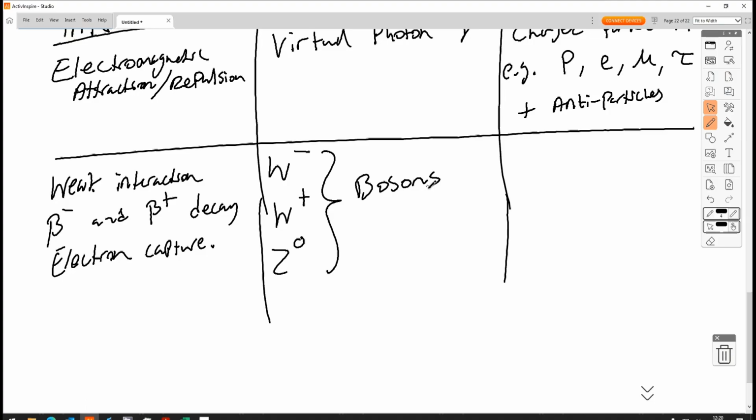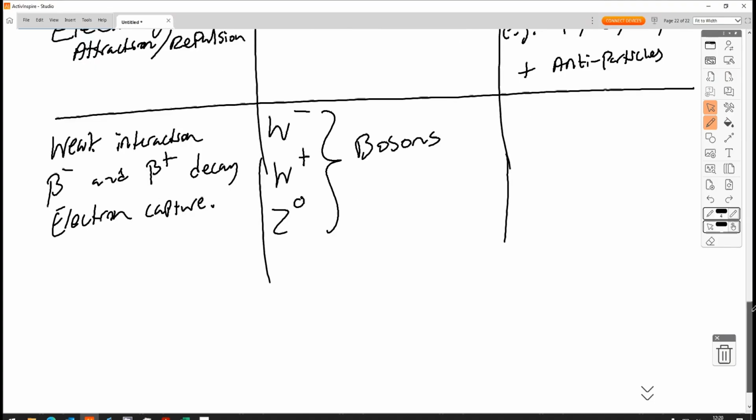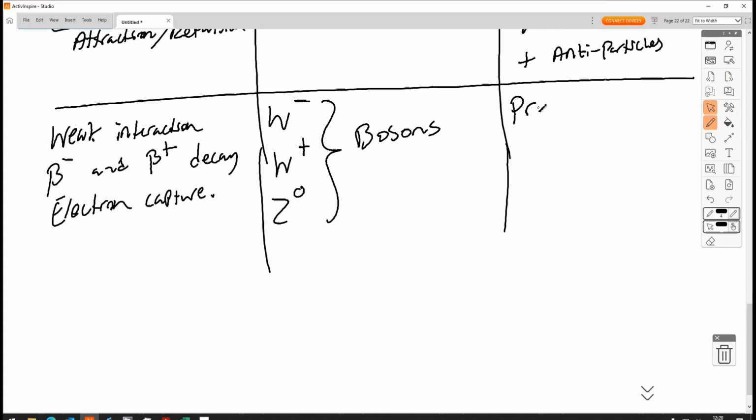So these are also charge carriers in a way. They carry charge away from something and then they decay later on. And we'll look at that more in a moment. So these affect things that are usually in a nucleus. So protons and neutrons.